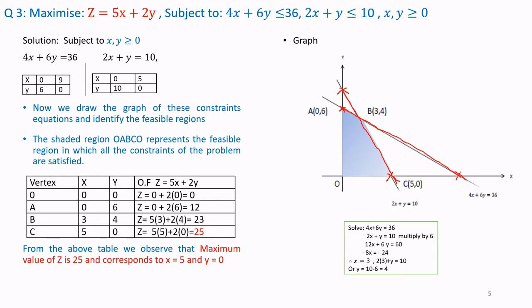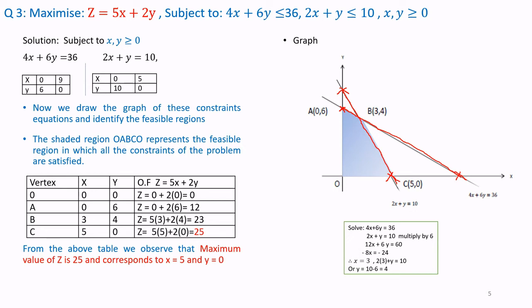In the graph, to find the coordinates of any point lying outside the x-axis and y-axis, you can also calculate it instead of measuring on the graph. We can solve it and find the values of x and y by the simultaneous equation method, which we learned in class 10.